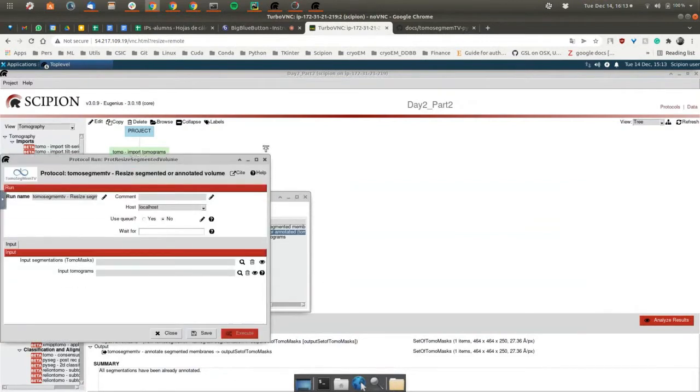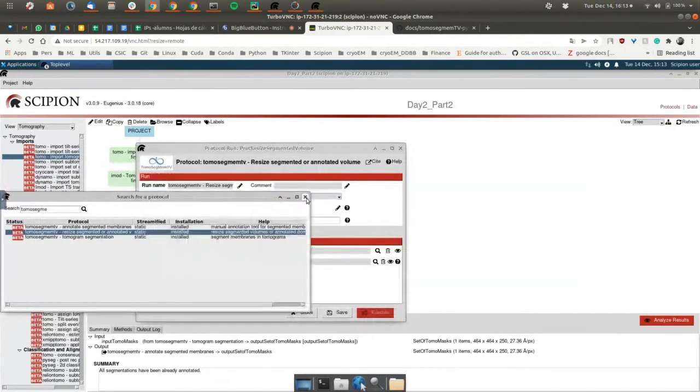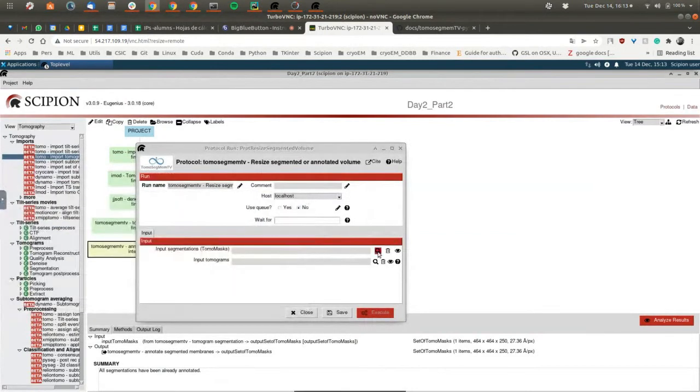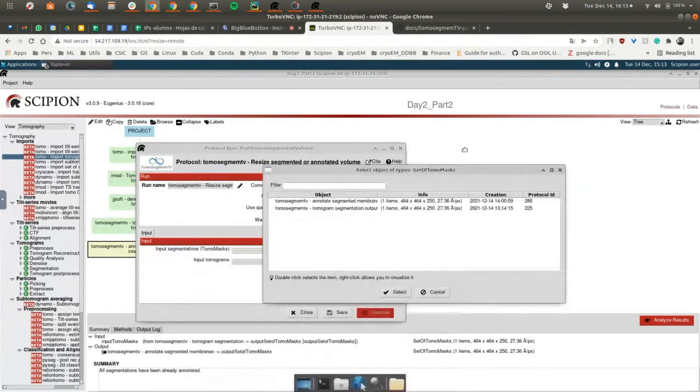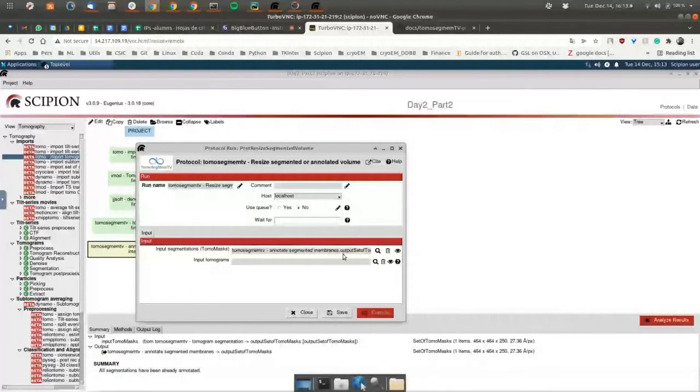We only have to set the pointer of the input to the annotated and segmented membranes, the output of the previous annotation protocol, and the tomograms whose size will be read, and this is the size which the masks, the segmentations, will be resized to.